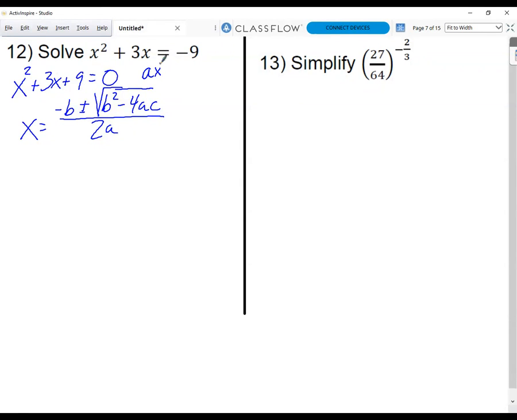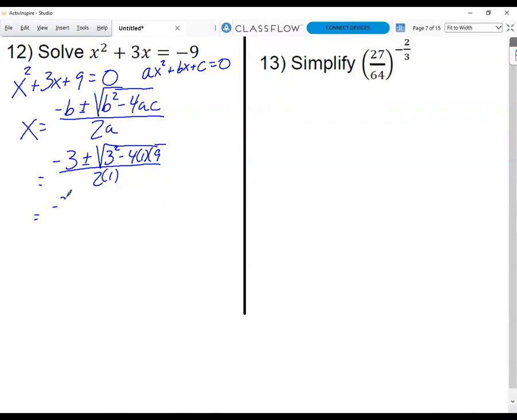So think ax squared plus bx plus c equals 0. So then our b is going to be negative 3 in the front there because of the negative sign, plus or minus the square root of b squared. So that's going to be 3 squared minus 4 times 1 times 9 all over 2 times 1.